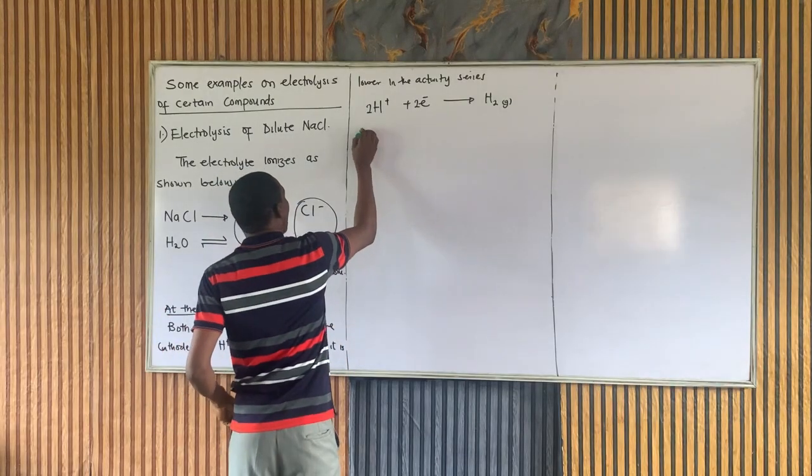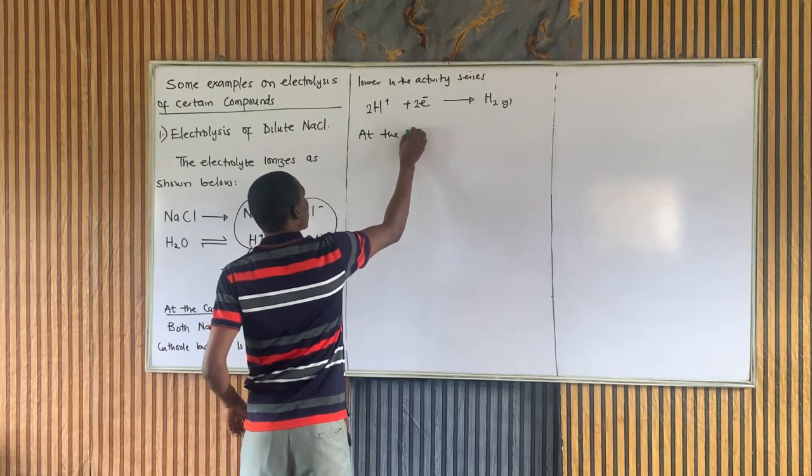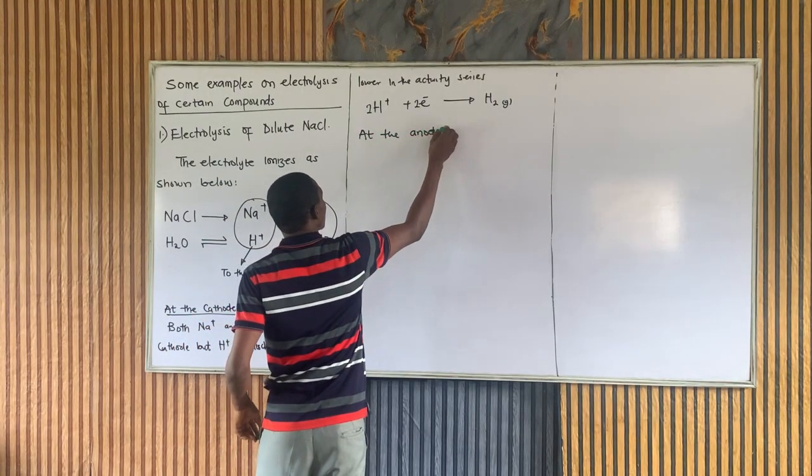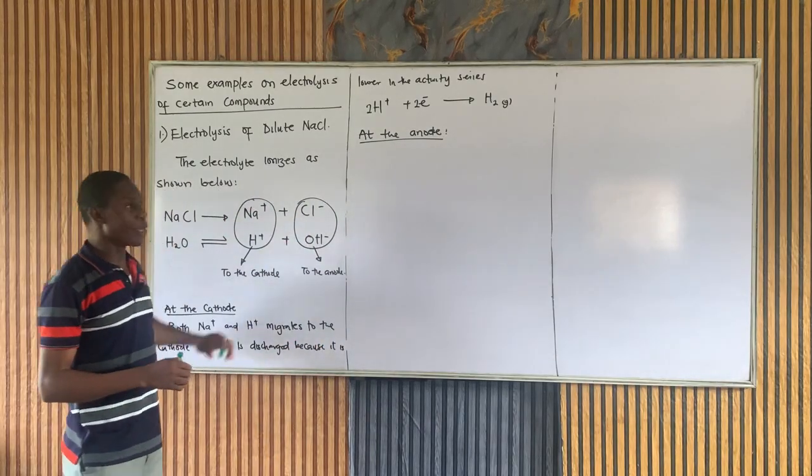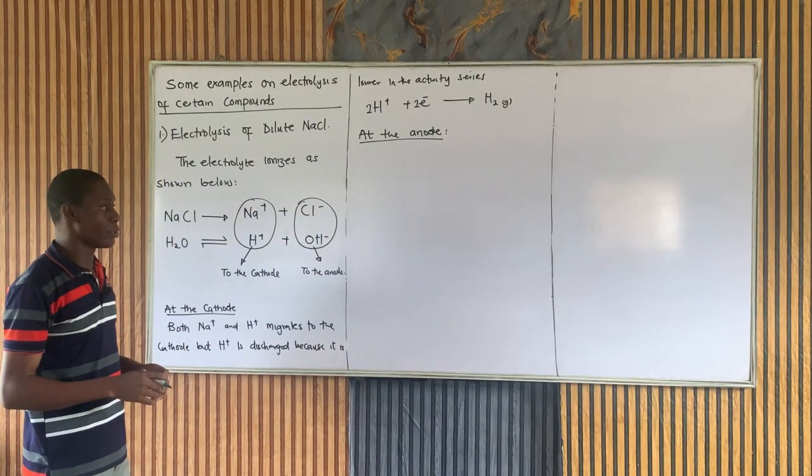Now, at the anode, what happens? Both chloride and OH migrate to the anode.